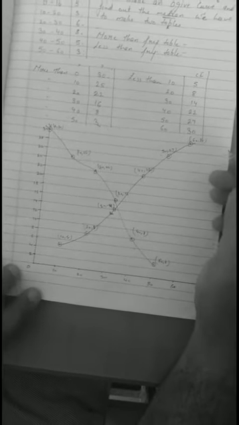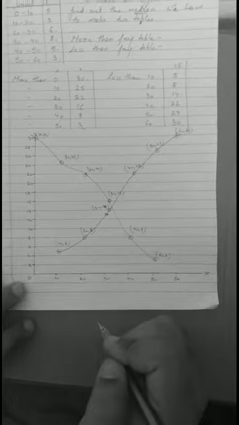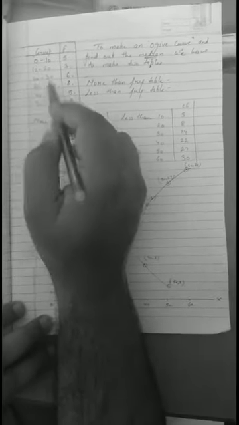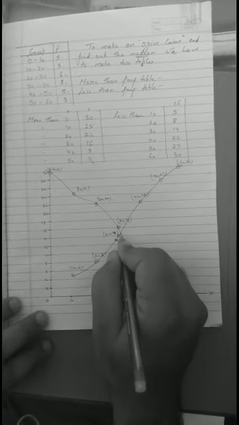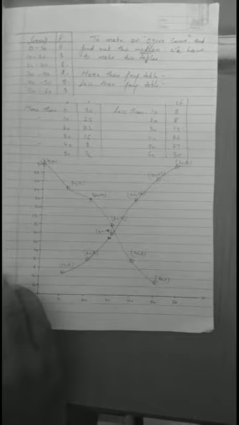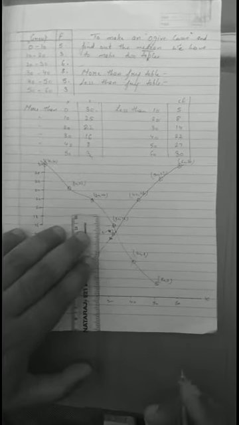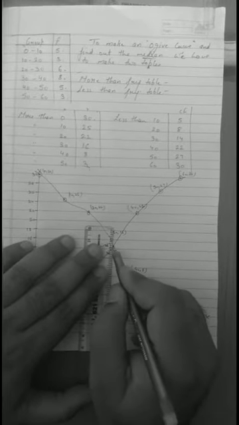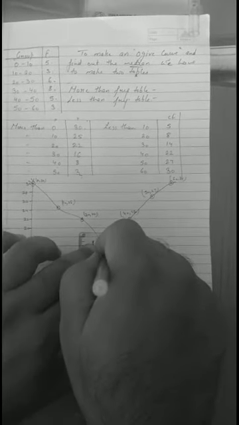Less than curve. Now we have to find the median, and median is always found from the groups. So what we have to do is draw a perpendicular line. We'll draw a perpendicular from this point on this line.